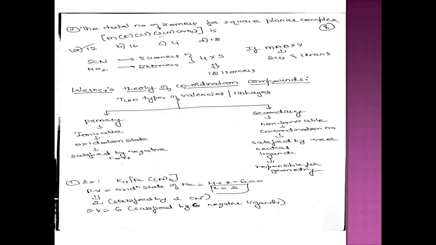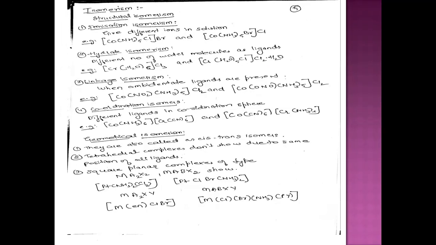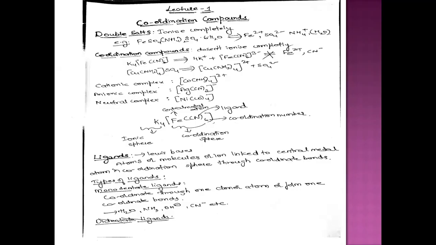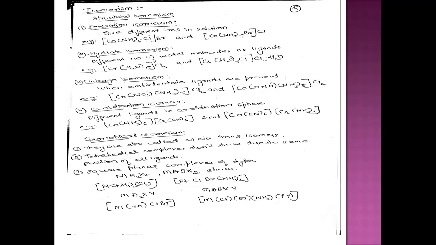In today's class, we have studied what a coordination compound is, and how it is different from a double salt. What are the components of the coordination compound, that is the coordination sphere, what ligands are, types of ligands, then what the coordination number is and how to calculate it, how to name a given compound, how to find its oxidation state, what isomers are, and the different types of isomers.